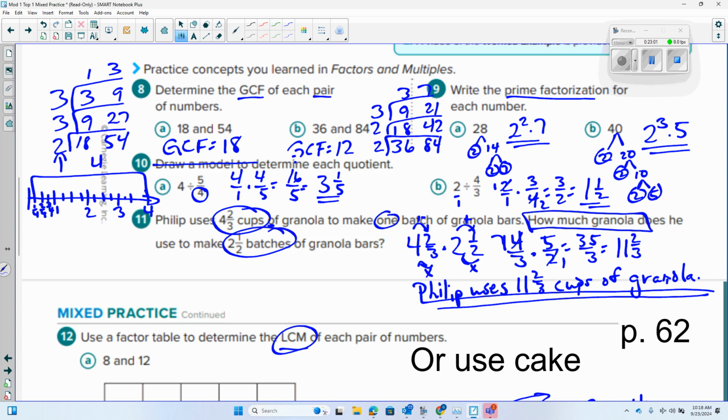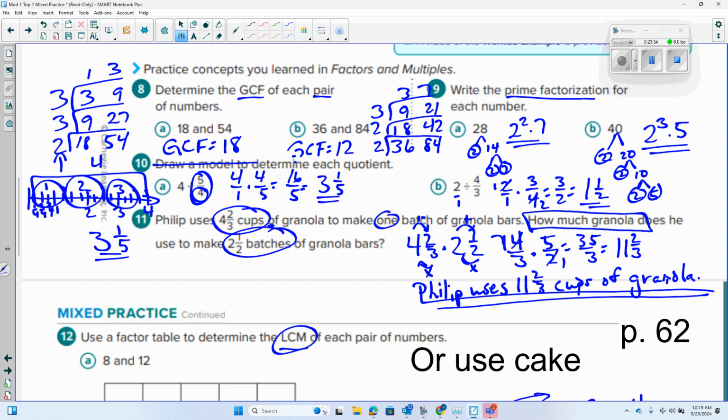What is my divisor? 5 4. So for every 5 of those, I'm going to have 1 group. There's 1 group, 1, 2, 3, 4, 5. There's 2 groups, 1, 2, 3, 4, 5. There's 3 groups. So I have 3, and then how much do I have left? 1 out of 5, since it was 5 for every group. Make sense? Did I get the same number as actually calculating it? Yes.